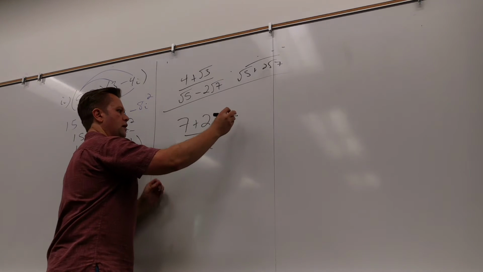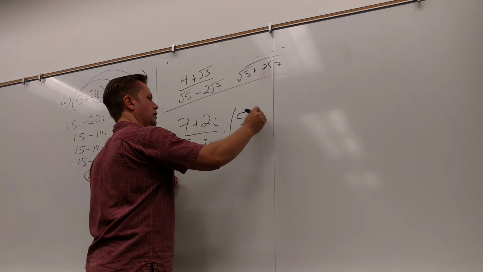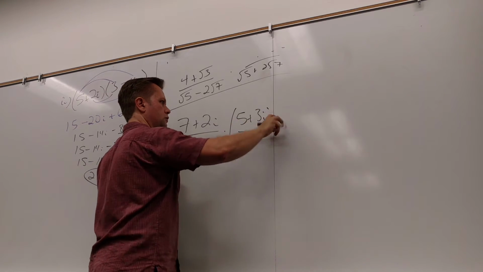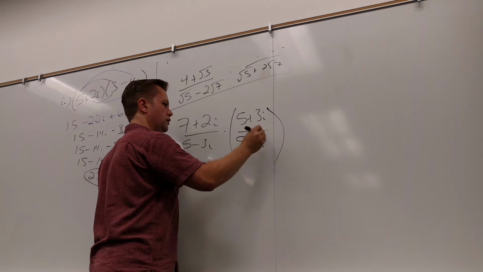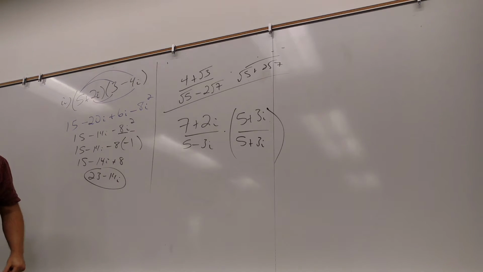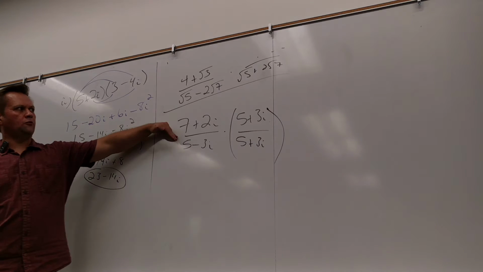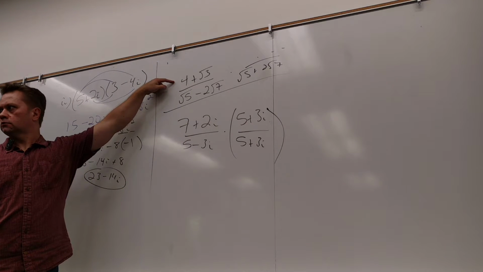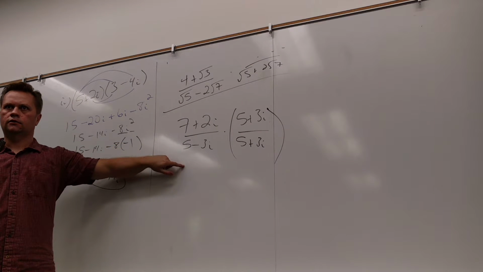So now I can multiply this by 5 plus 3i over 5 plus 3i. There's the money. 3 in a row is money. It's the exact same reasoning as what we do here. Exactly the same reasoning.